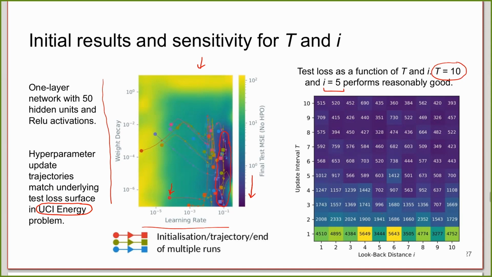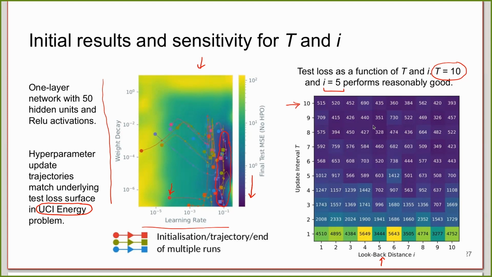And what we find is that typically values of 5, as I said, for the number of elements in your power series seems to be relatively good. And we just choose also 10 for the update interval. But the differences are not massive if you update more frequently. So it seems that 5 and 10 work reasonably, and that's what we choose.